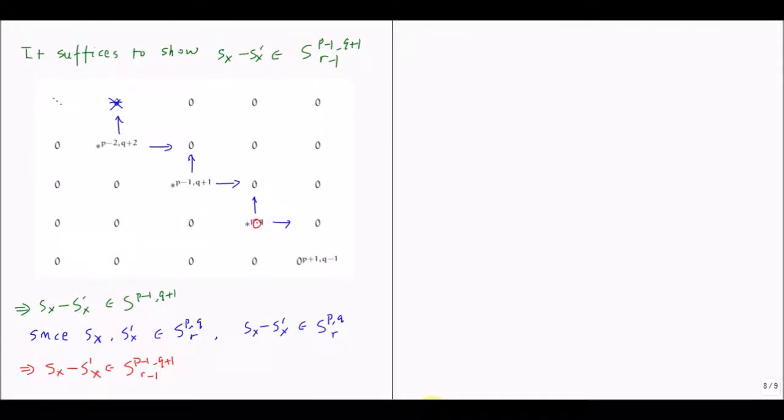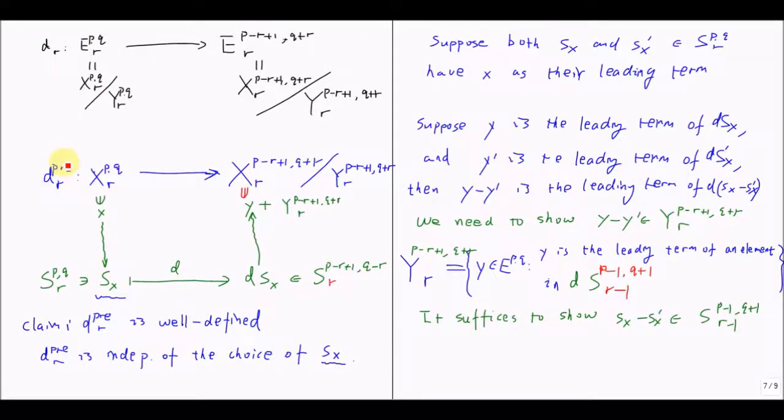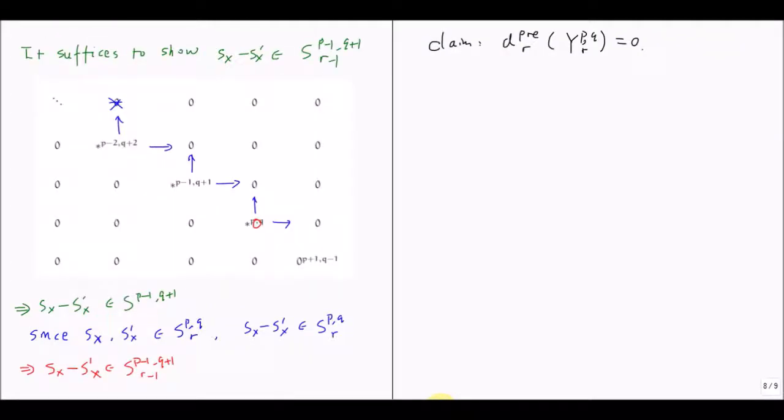Now we have proved the well-definedness of this d pre sub r. Now in order to prove that d pre sub r induces d sub r from this quotient, we must show d pre sub r kills Y^{p,q}_r. So let's take an element x from this Y^{p,q}_r.